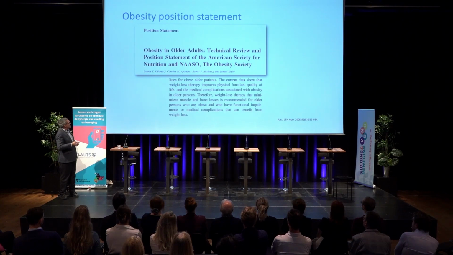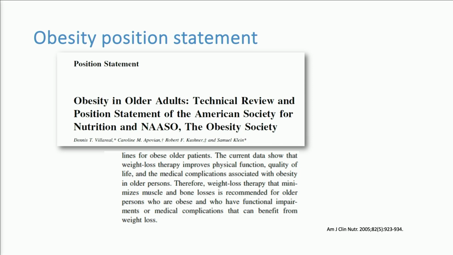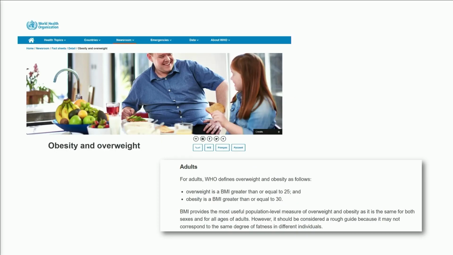It mentions that the current data show that weight loss therapy improves physical function, quality of life, and medical complications associated with obesity, but weight loss therapy that minimizes muscle and bone losses is recommended. So it says, be careful when you have an obese person who's old and is losing weight, there might be a problem with the muscle and you have to do something different.